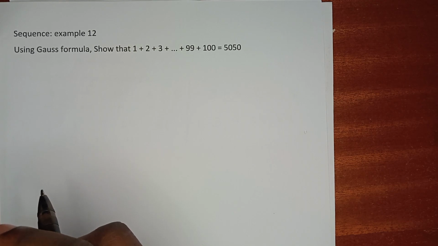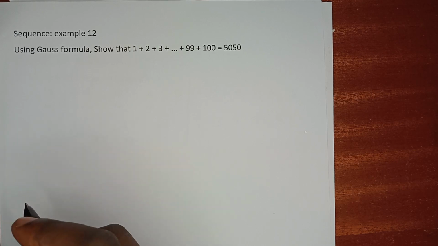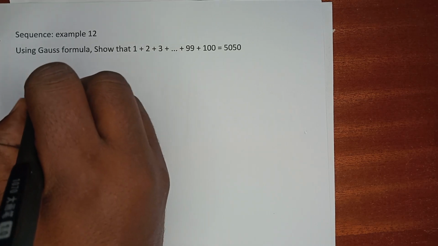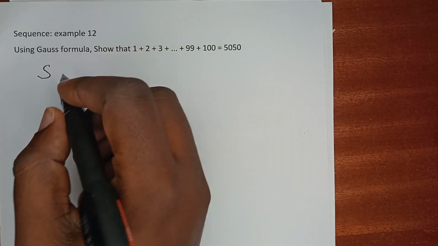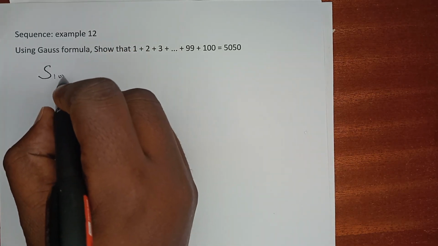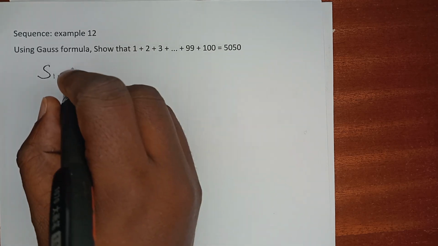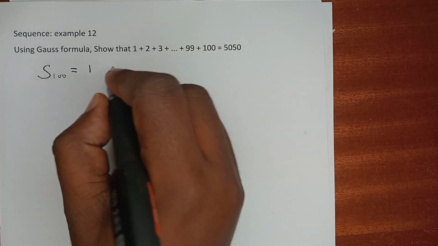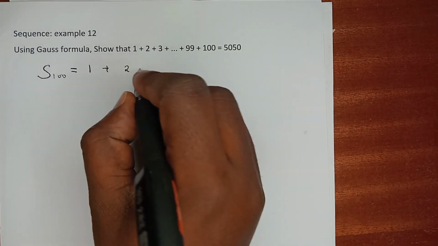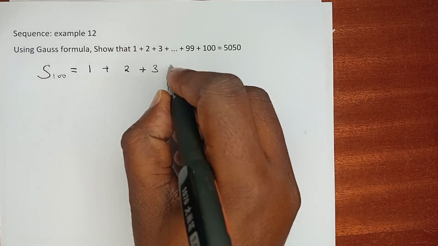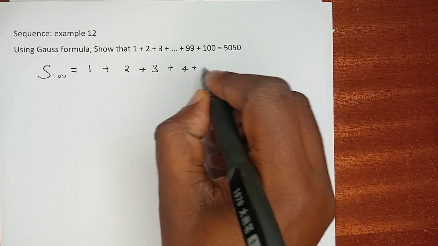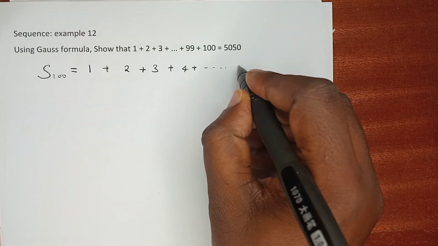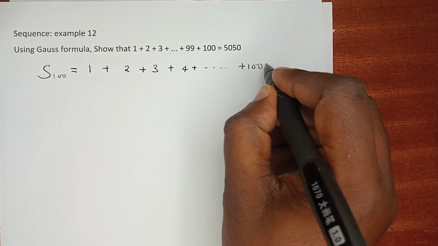And we have been taught by the Gauss formula, if you followed the PowerPoint, that the sum of the first 100 terms, as far as we are concerned, is given by 1 plus 2 plus 3 plus 4 plus all the way plus 100.